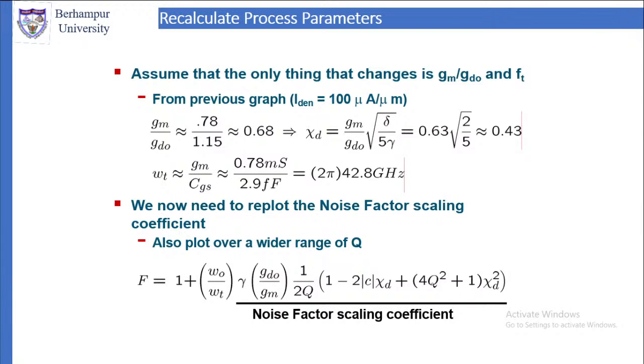Now we have to replace the noise factor scaling coefficient. Also you have to plot it over a wide range of Q. We know the noise factor F is equal to 1 plus omega 0 by omega T into gamma into ZDO by GM into 1 by 2 Q whole into 1 minus 2 absolute C is ID plus 4Q square plus 1 that into Jd square.